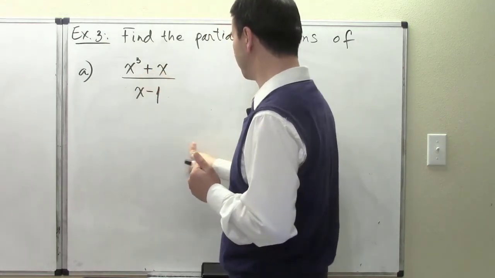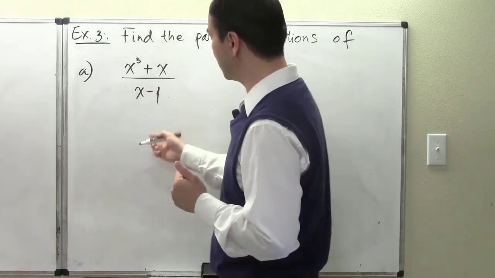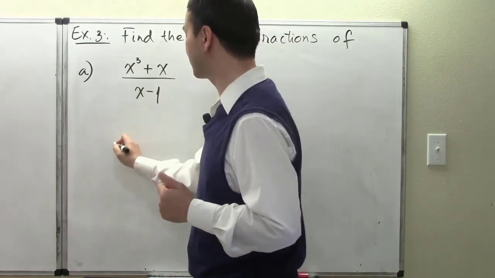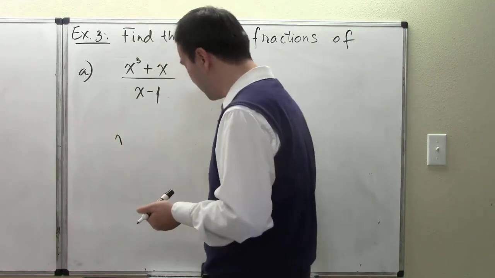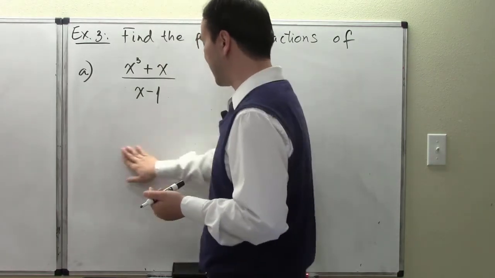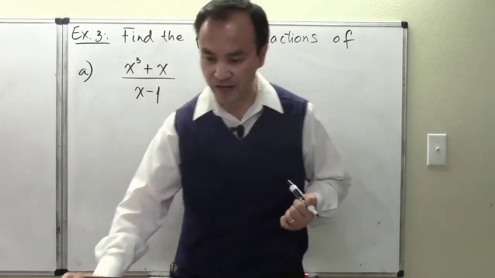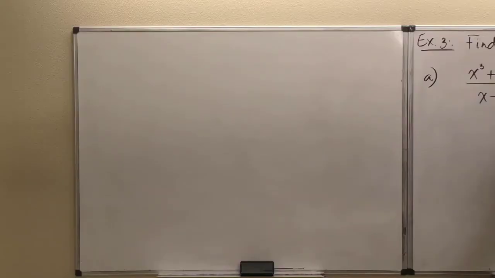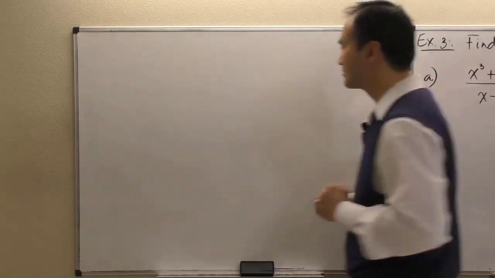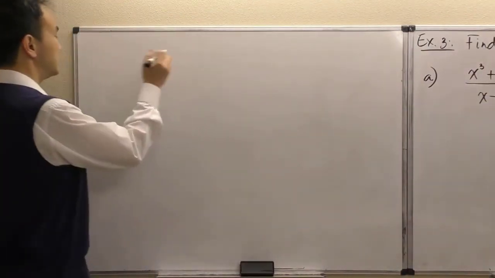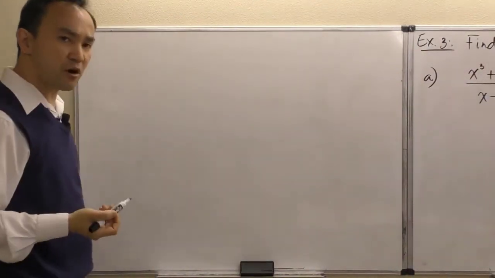Here's how we're setting it up. Let me do this in a separate space so that I can save all the space for the actual final answer. So let's step over to my other board. All right, here's how the long division process works.